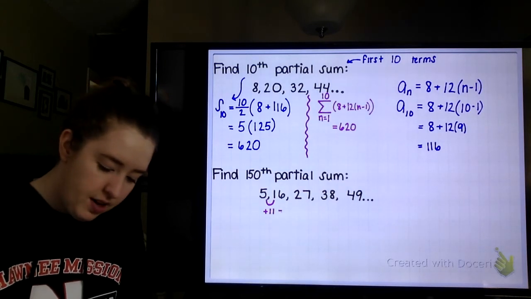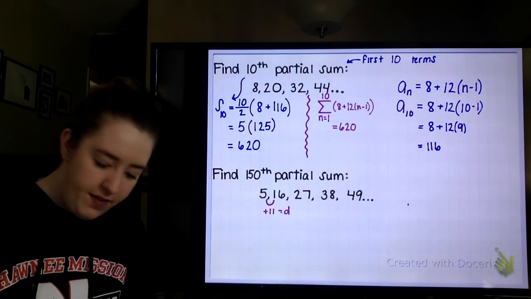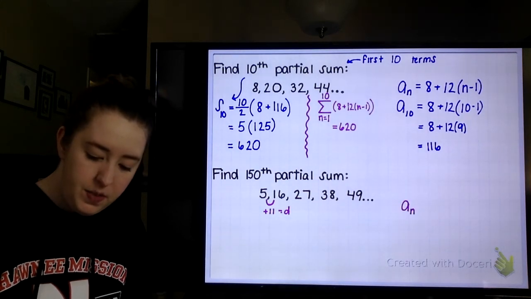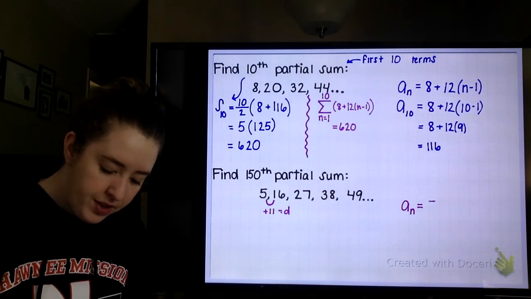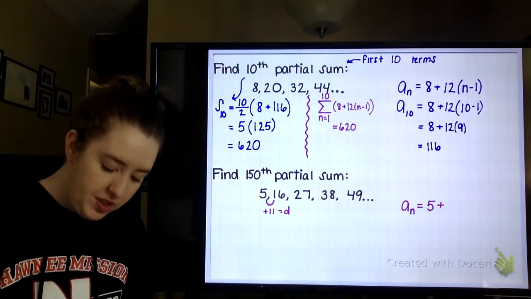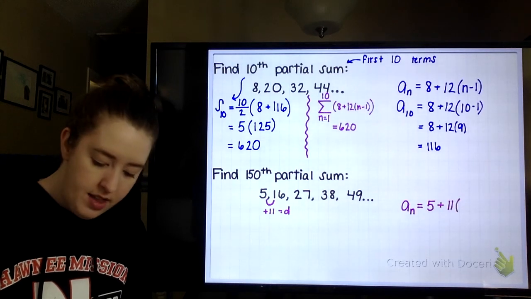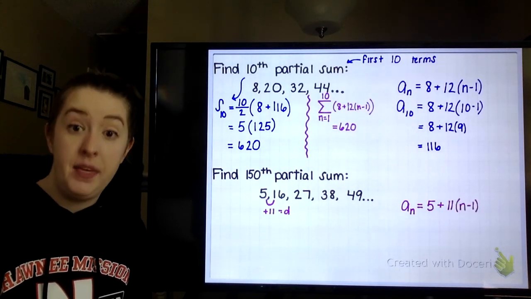So that's our common difference. So I'm going to go ahead and figure out my explicit formula for this first to save me a little bit of time. My first term is 5 plus my common difference was 11, and that's always times n minus 1 from that formula that we got at the beginning of class.